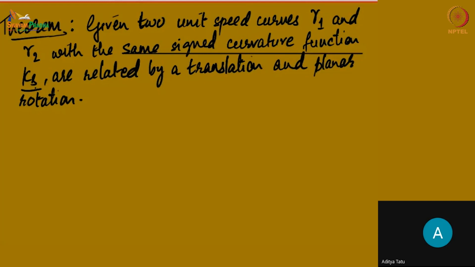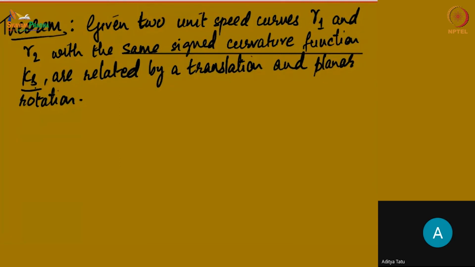What this theorem suggests is that the only difference in the two curves is that they can be either located at different parts on your xy plane, or they can be oriented in a different way. So you may find that the two curves are rotated by different angles. It's a very powerful theorem.